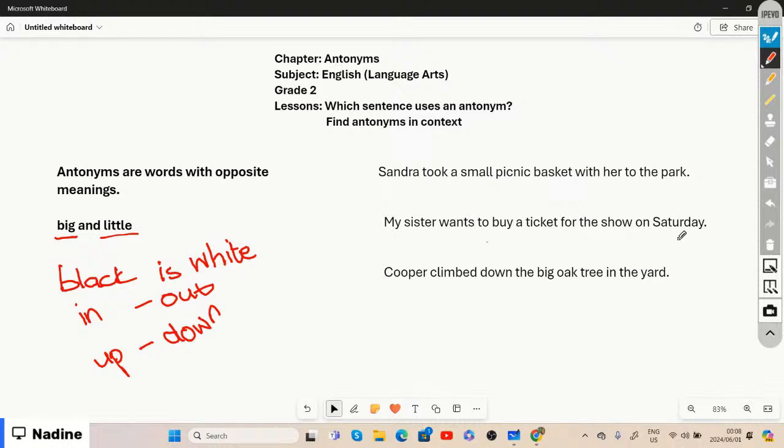And if we look at these sentences, because our lesson says which sentences use antonyms and to find antonyms in context. So we already did antonyms in the previous lesson, but we did not get to these other lessons.